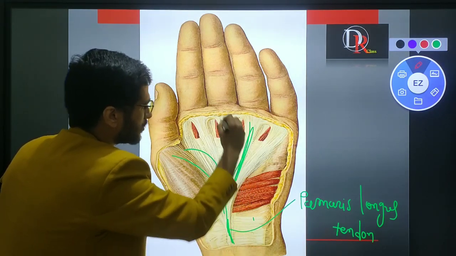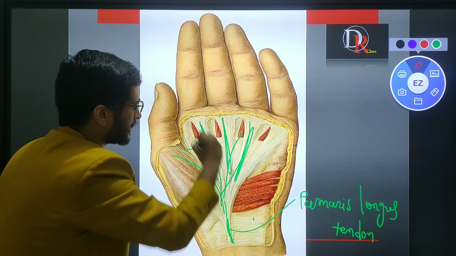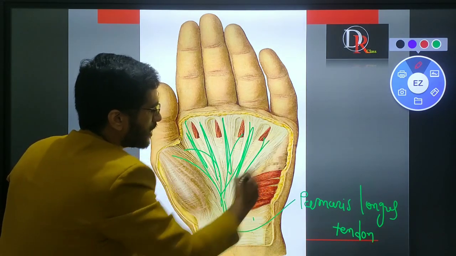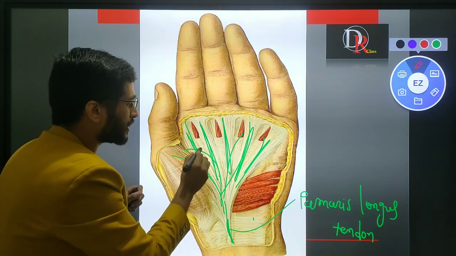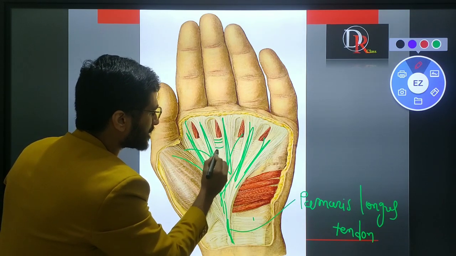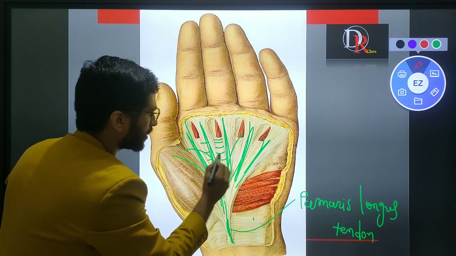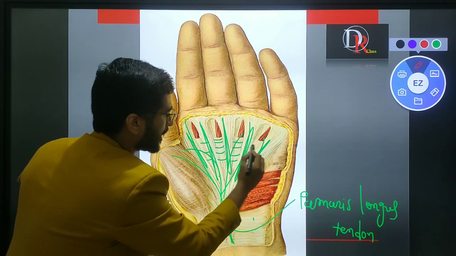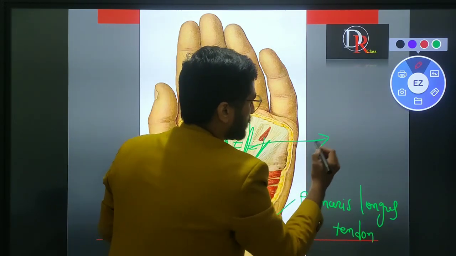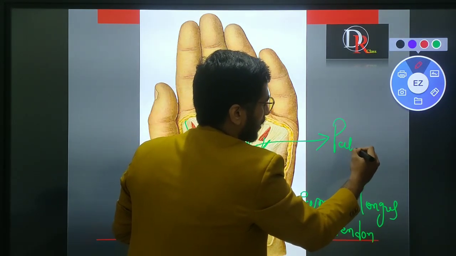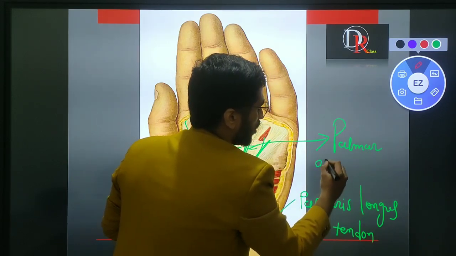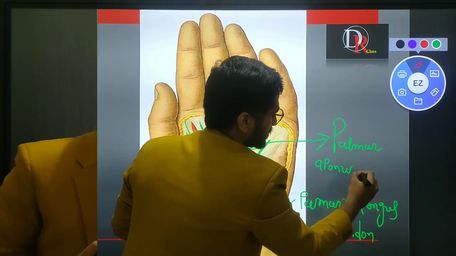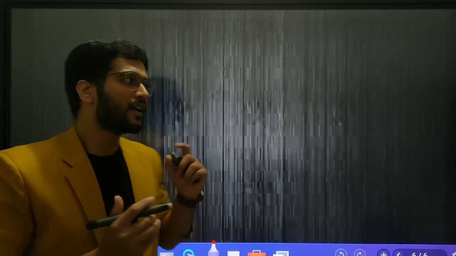These are the ligaments, these five are the metacarpal ligaments, right? But between them you find the transverse striae. These transverse striae are known as the palmar aponeurosis.